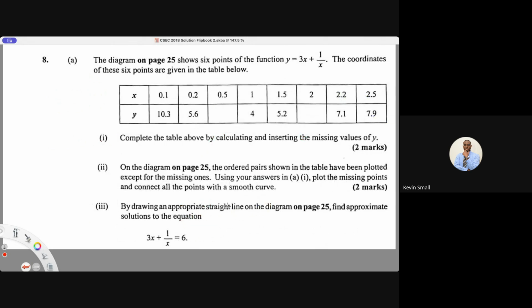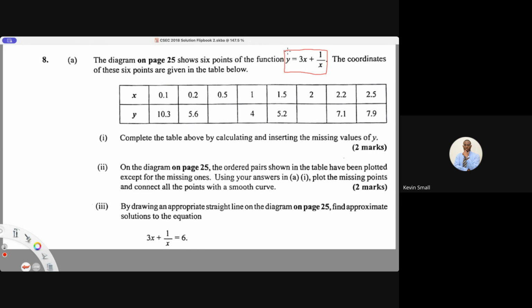Here we have one of those plotting questions. Now this function here is not the common function that we would have seen. It's not a quadratic function. It's not a linear function. This function is called a reciprocal function.